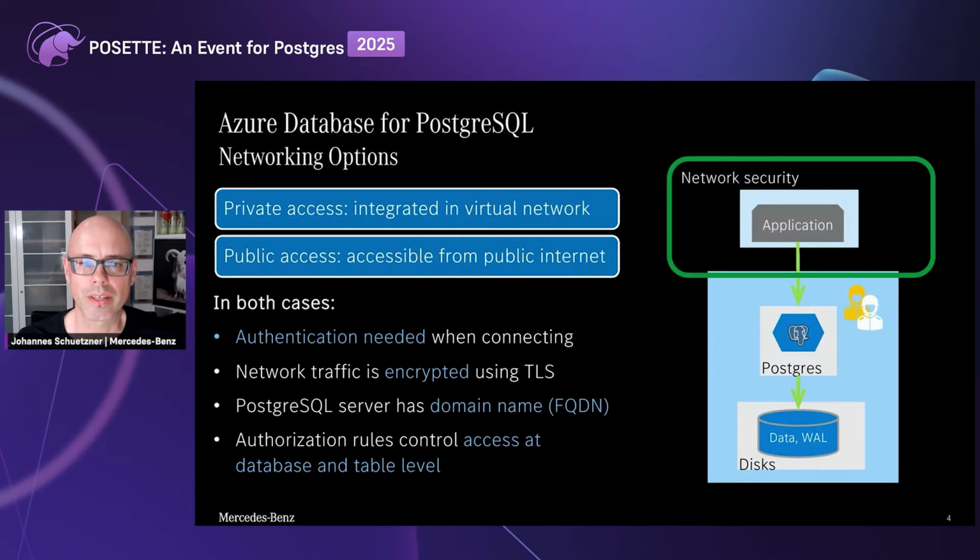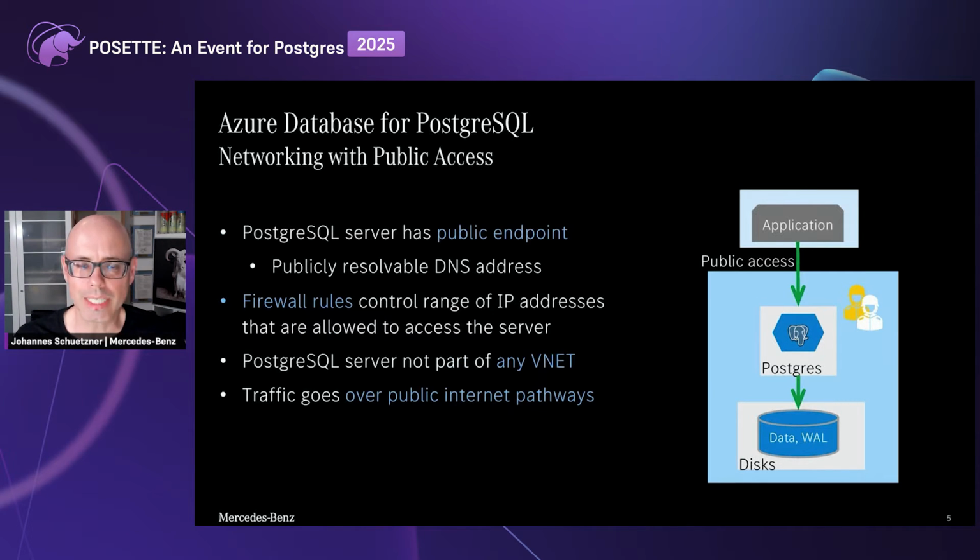In either way, you have authentication that the application needs to perform when connecting to the database. Then the network traffic is always encrypted using TLS. The Postgres server has a domain name, and there are authorization rules that control who can access which tables and which databases. But let's start with looking at public access.